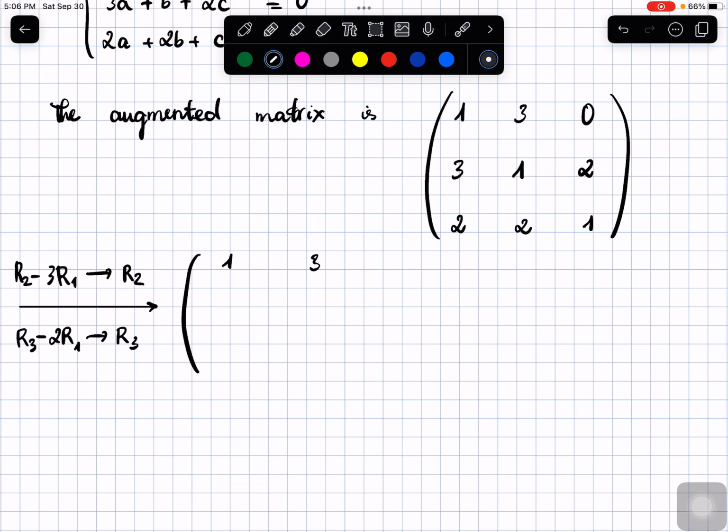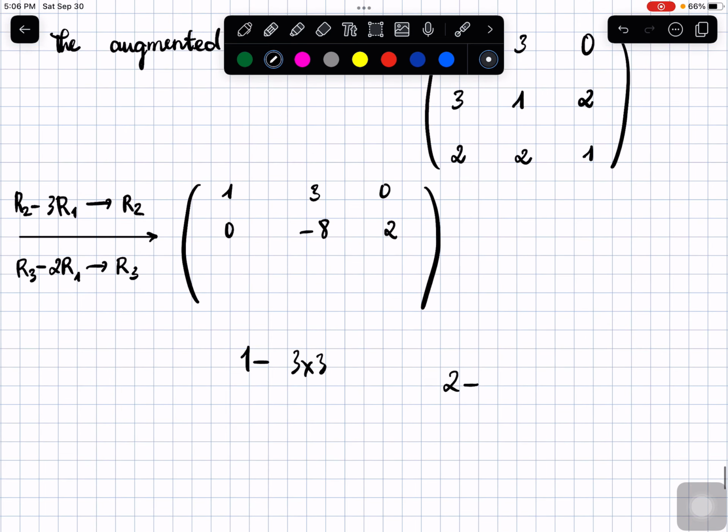Row 1 stays 1, 3, 0, 0; row 2 becomes 0, minus 8, 2, 0; row 3 becomes 0, minus 4, 1, 0.